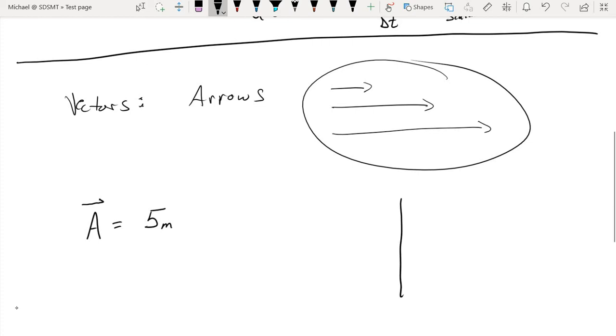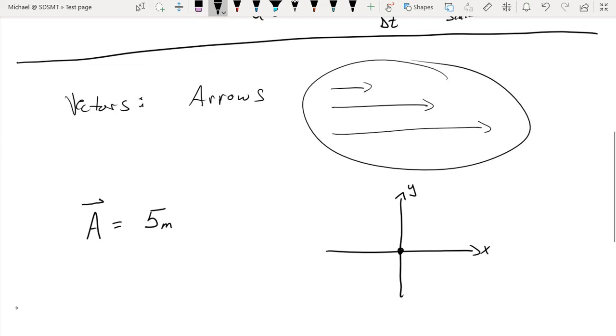And since we're going to start expanding our discussions into 2 and 3D systems, we'll go ahead and draw a two-dimensional reference frame. So traditionally, X is the horizontal, Y is the vertical, and up and right are respectively the positive directions. So vector A is 5 meters.